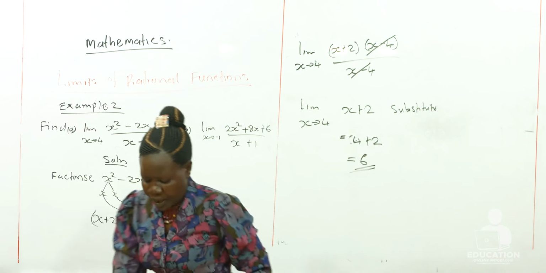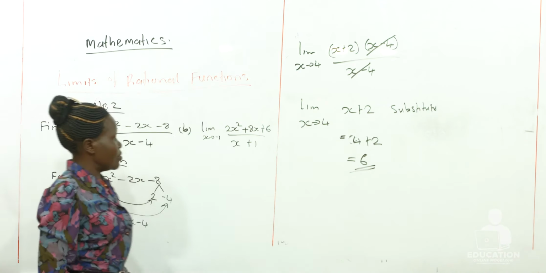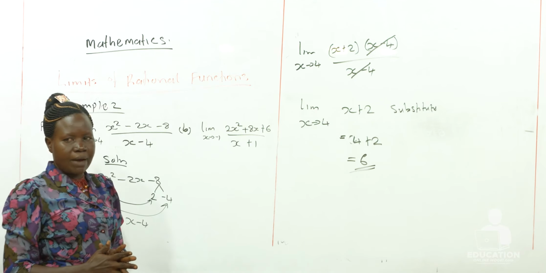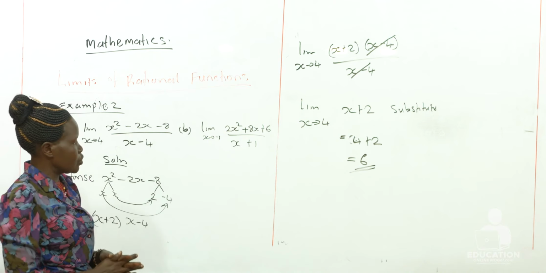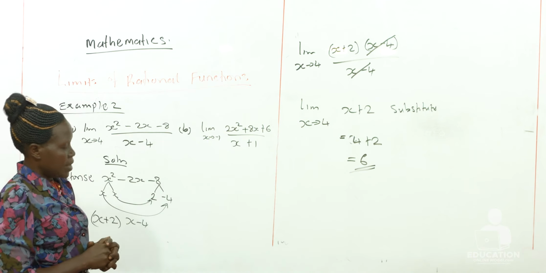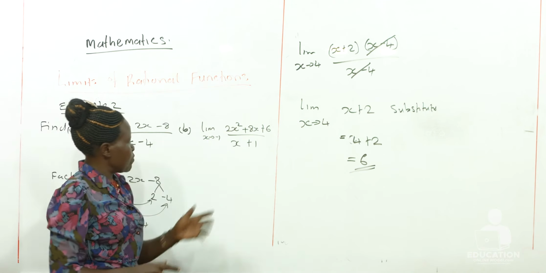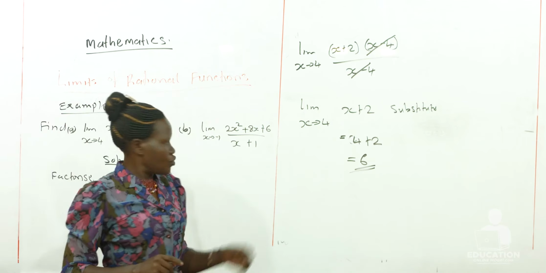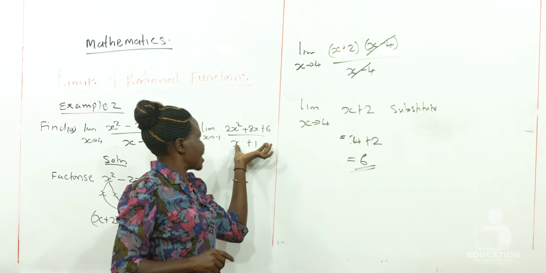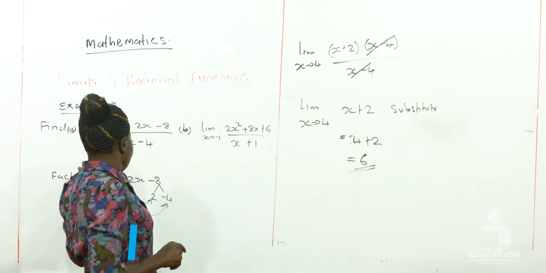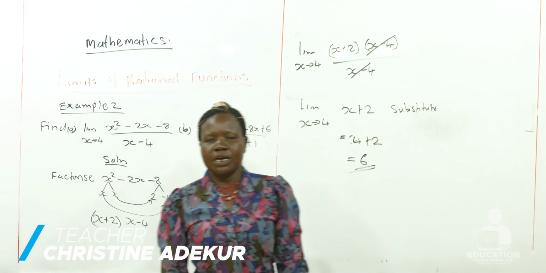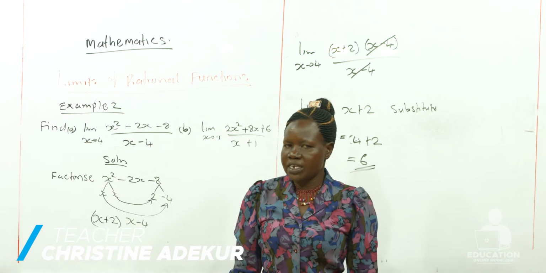Dear learners, I hope you have got the idea on if x is approaching to any real number, and if x is approaching to infinity or 0. So for part B, I want you to go and try on your own. Try to get the answer of this, using the example part A, and then we shall continue from there when we meet the next time.